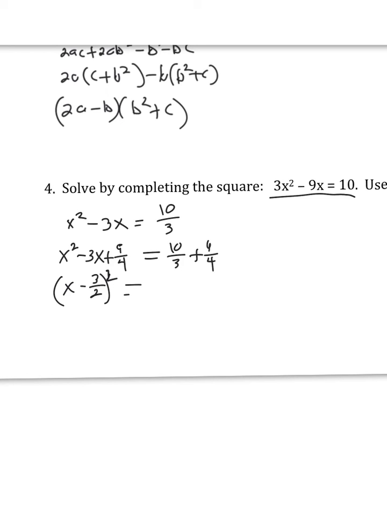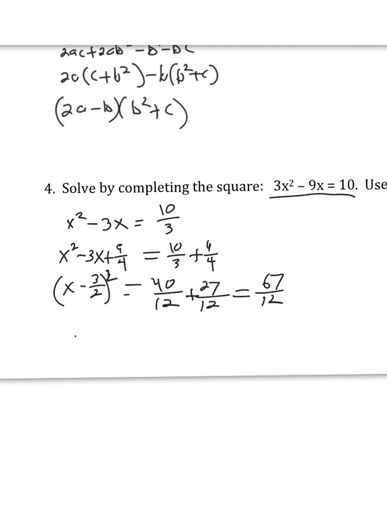Okay, on the right side, let's combine these fractions. We're going to multiply 10 thirds, top and bottom, by 4 over 4 to get 40 over 12. And we're going to multiply top and bottom of 9 fourths by 3 to get 27 over 12, which gives 67 over 12.